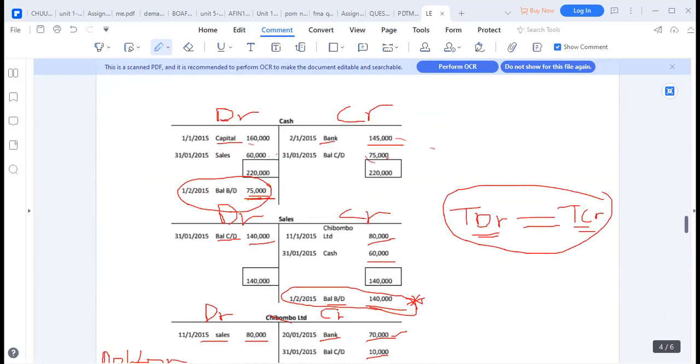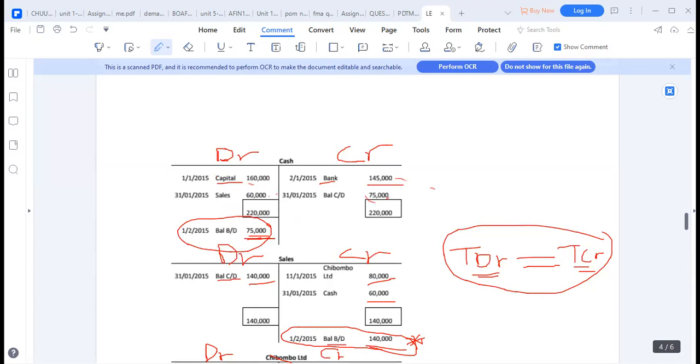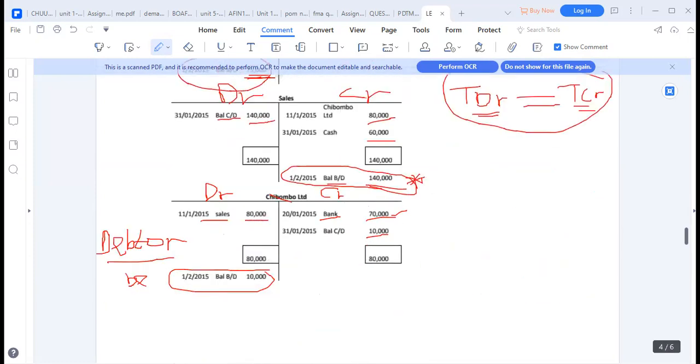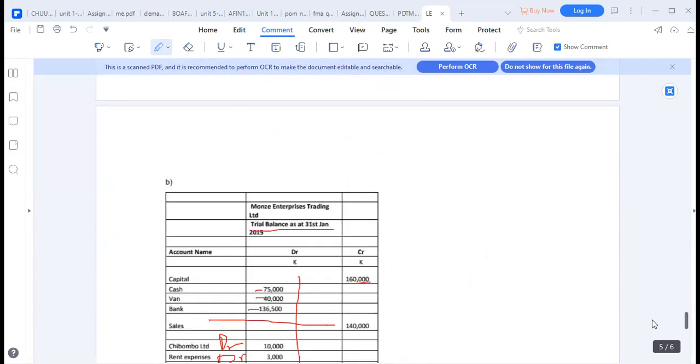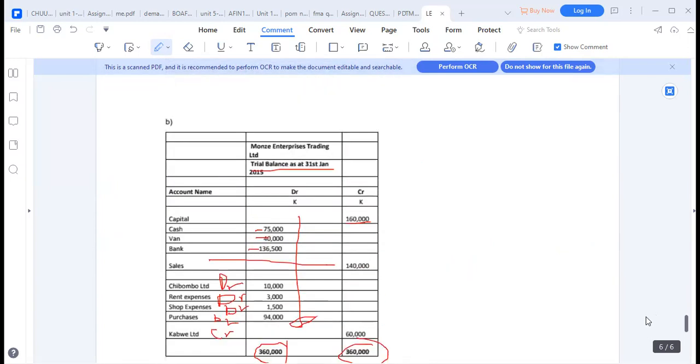This is just about what goes on as you look at this ledger preparation for the trial balance, which checks the accuracy of the double entry system, to find out whether the entries we are doing were okay.